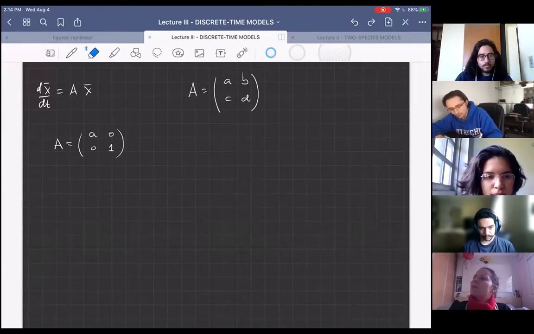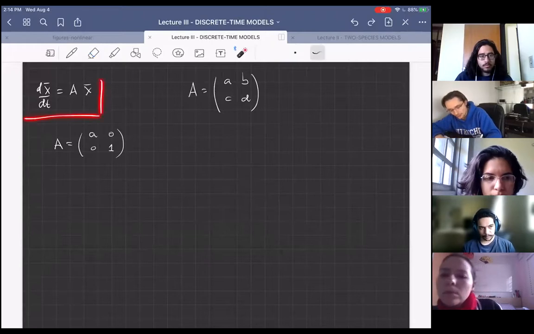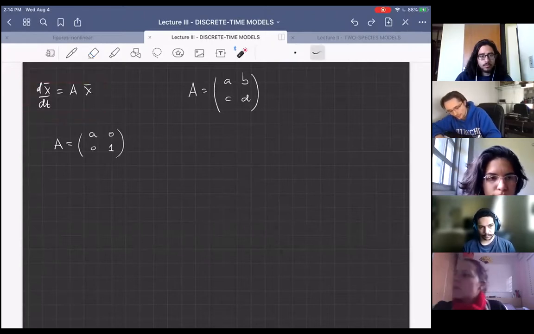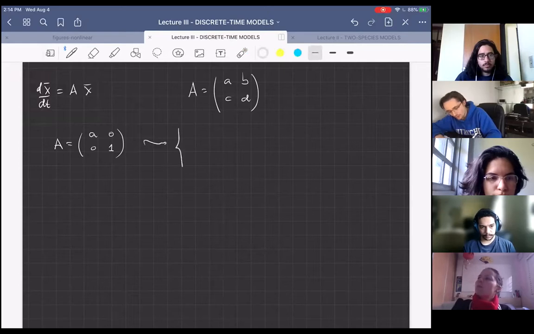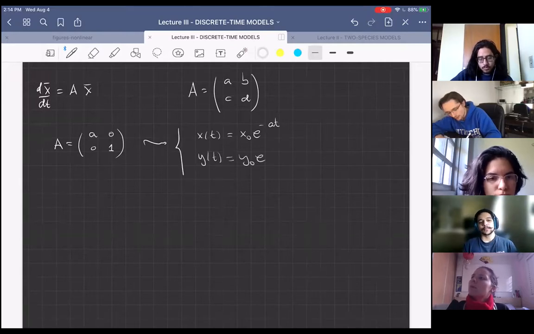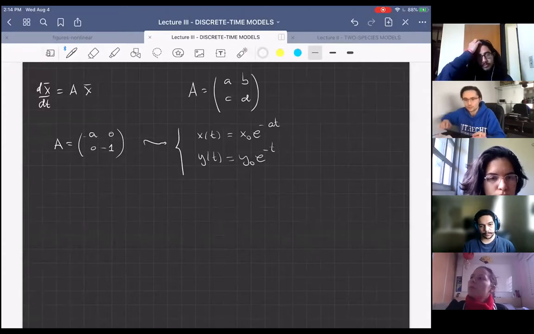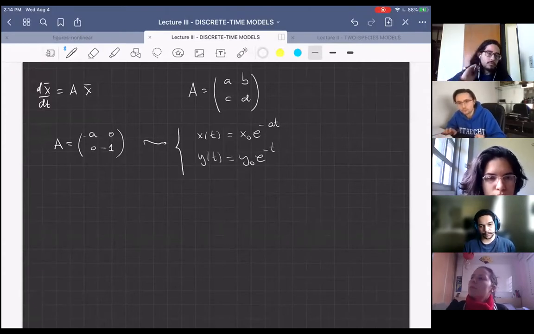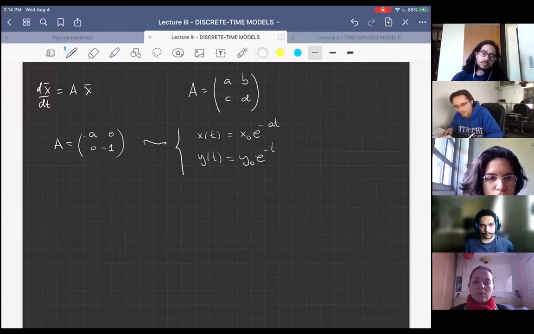So if I have my system this way, basically I can write the solutions like x(t) equal to x0 e to the f of t, and y(t) equal to y0 e to the t. This is a particular case where I can solve my dynamics and I have this kind of solutions.